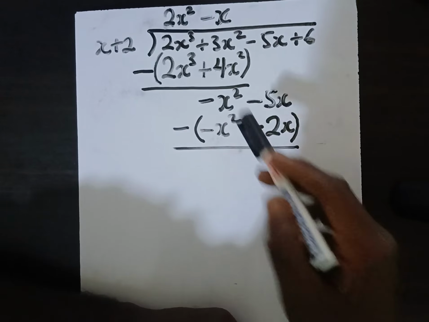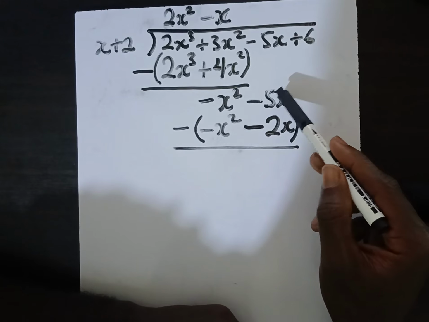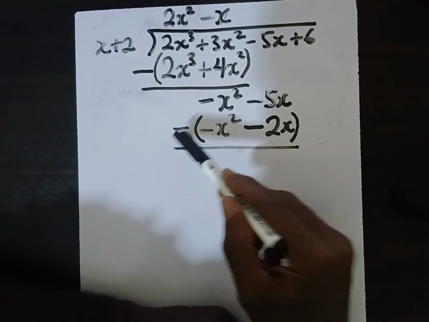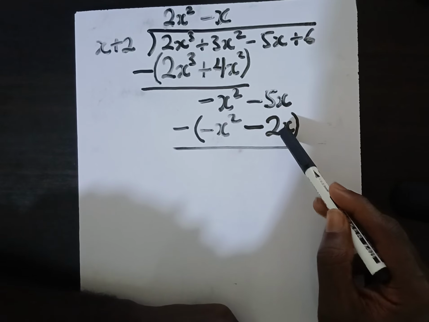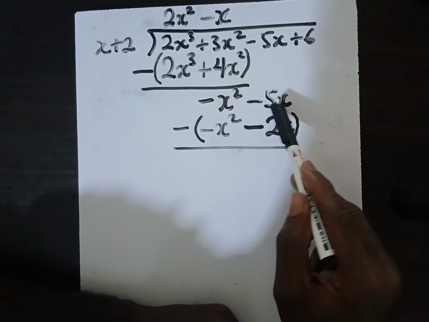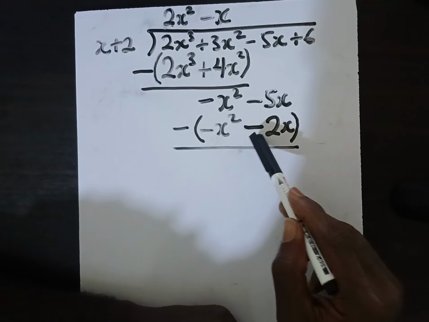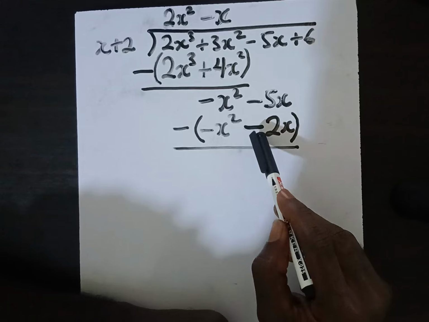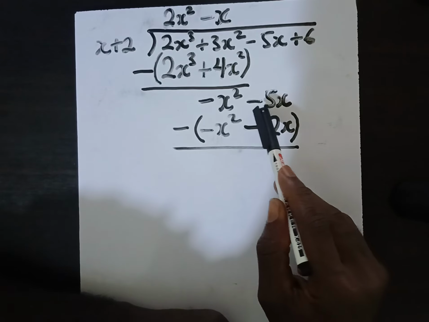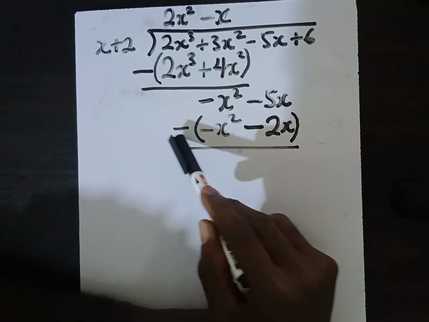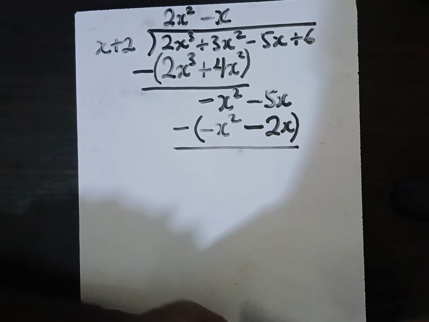Now you do the same thing that we did here. Negative 5x minus negative 2x. Negative is going to be positive. So we are getting negative 5x plus 2x.